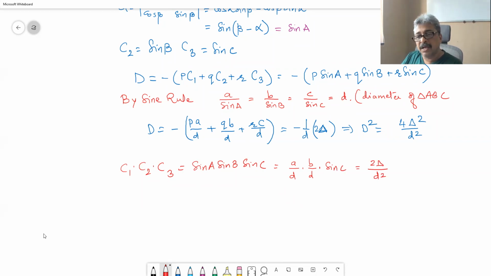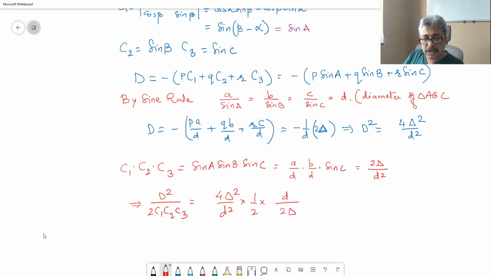Half ab sine C is the area of the triangle. So ab sine C is 2 delta, and D upon 2 C1 C2 C3 is equal to D square is 4 delta square upon D square into 1 upon 2 into this one, 2 delta upon D square, which is equal to delta. Hence proved.